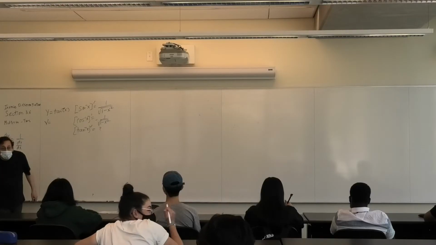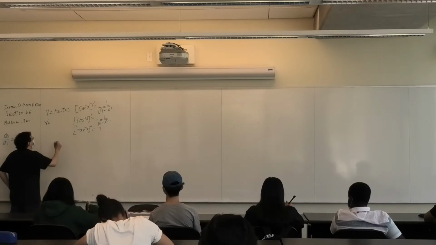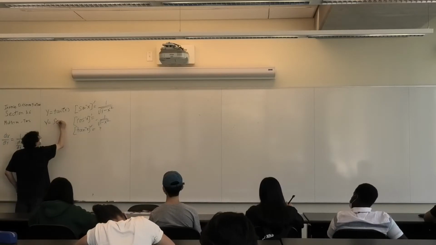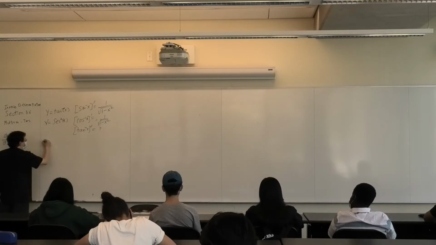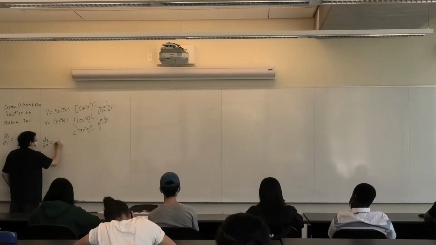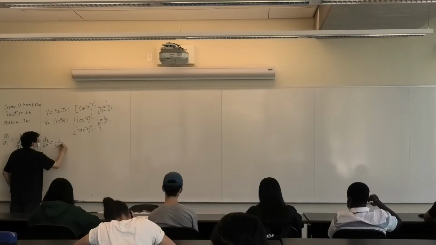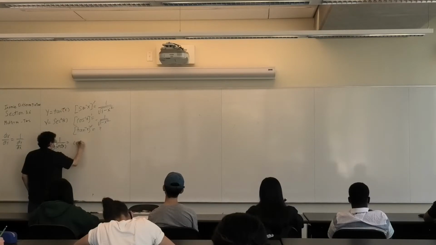Secant squared. Secant squared x. Okay, so that tells me my dx/dy equals 1 over secant squared x, which is actually cosine squared x.